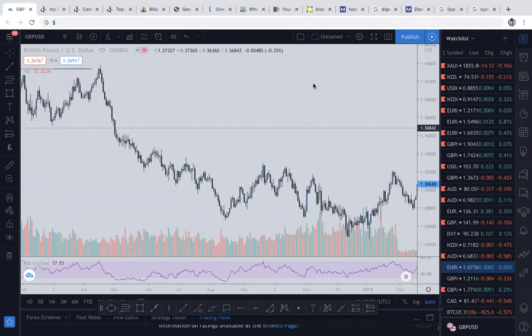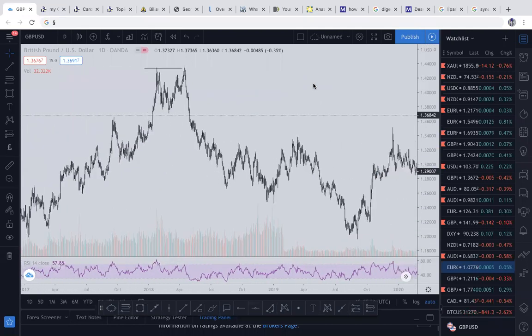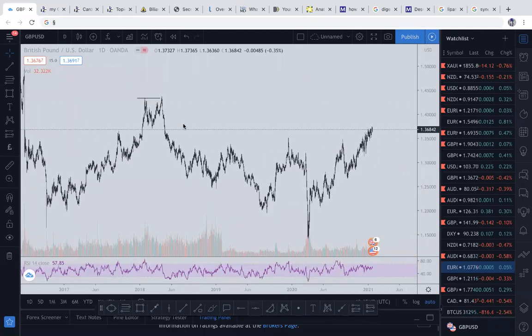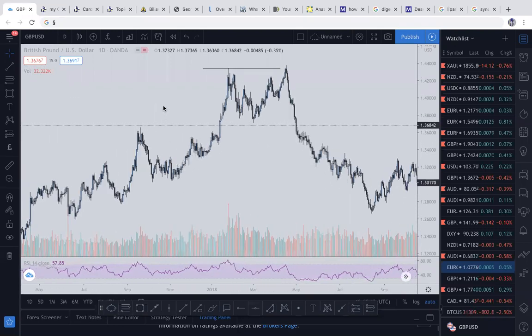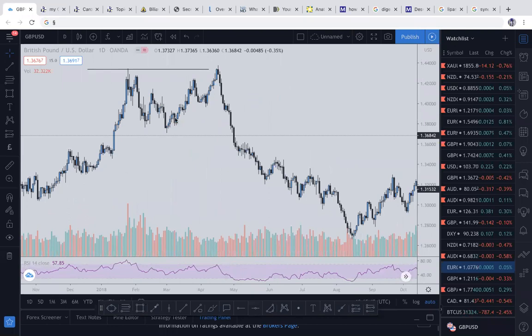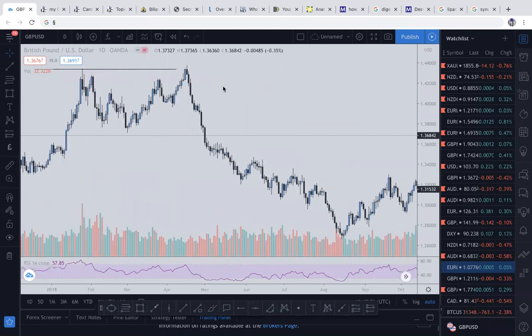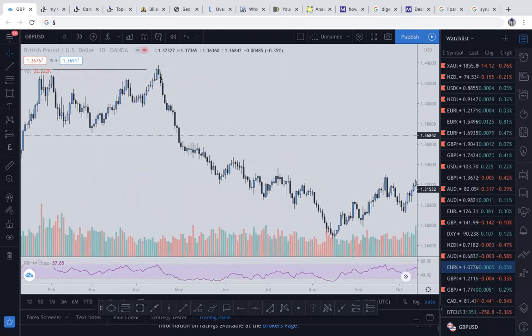Nicely going up. Now we broke the structure, and nice, we're heading back inside that area. So that should tell you exactly what is about to happen on GU. We swept the liquidity over here, broke the structure over here, and we haven't returned to this area. And what is sitting here? Imbalance. What is sitting here? Imbalance. This area is a key area.